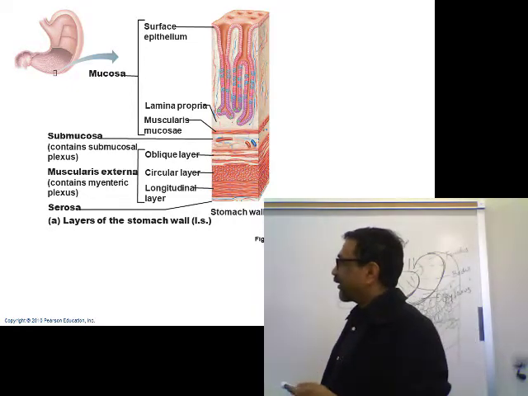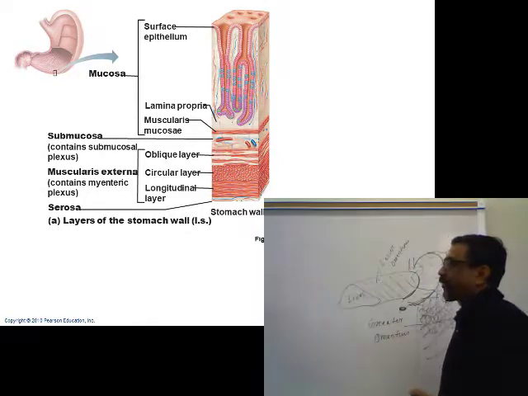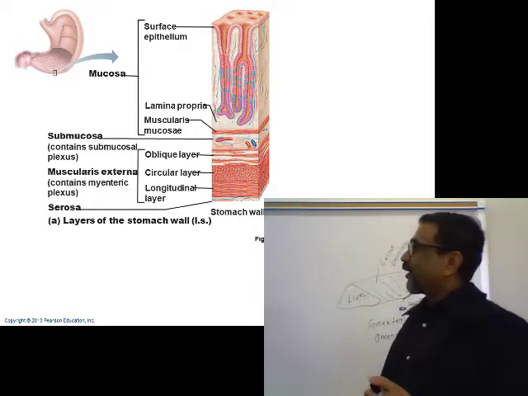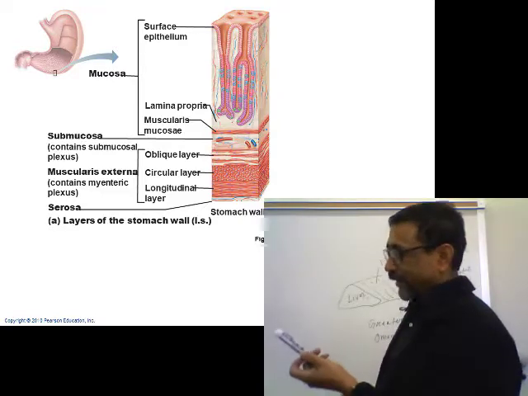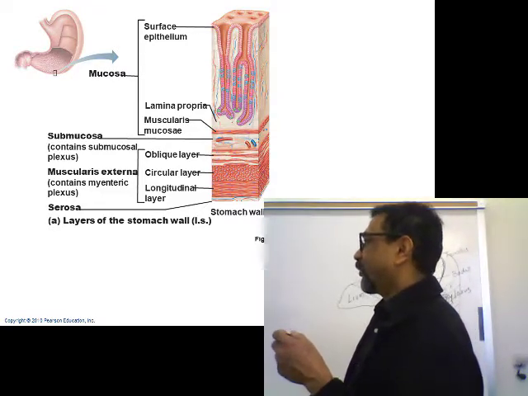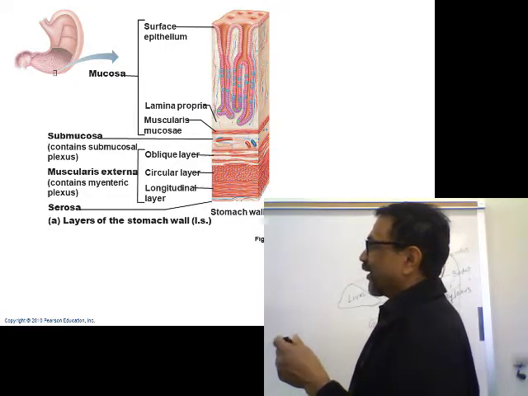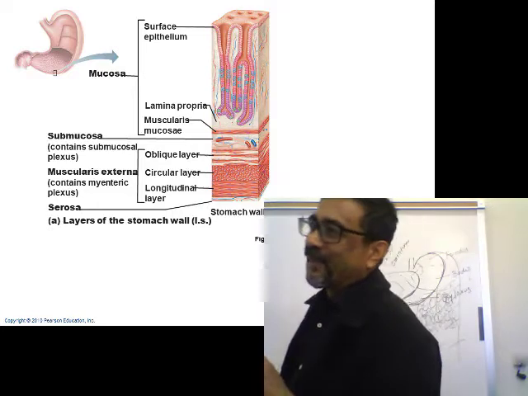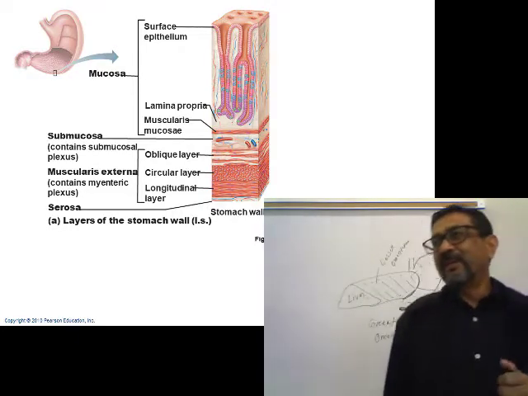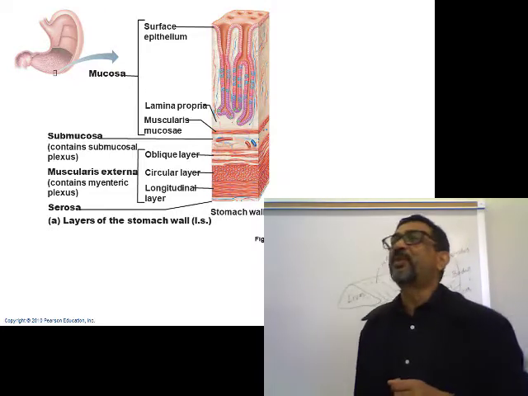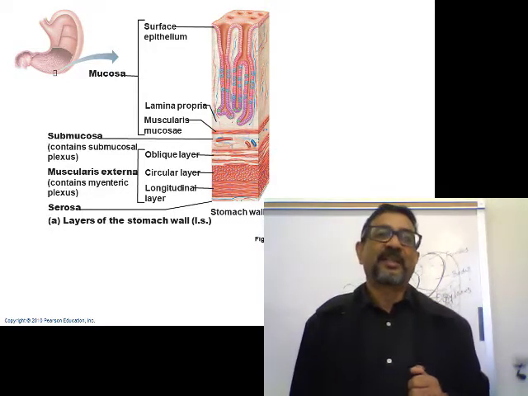If you see the innermost layer, which is the mucosa, you know that. Under the microscope, you will see in the mucosa you have different types of cells, and those different types of cells secrete different chemicals. That's why those different types of cells together are called the gastric gland.